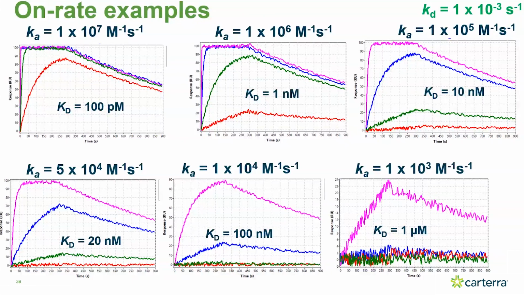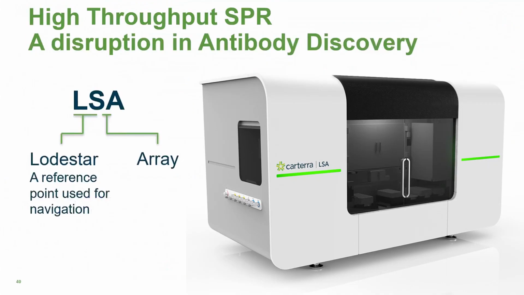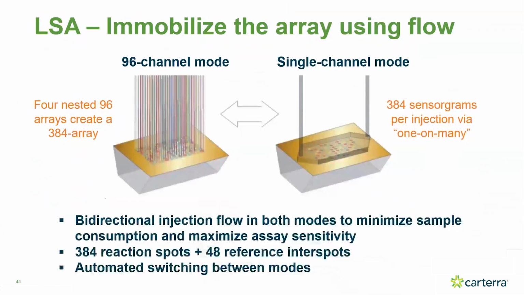Okay, so now we're going to move into a description of the LSA platform. We call it the Lodestar array, and it's this benchtop high throughput SPR array system. What makes the LSA so ideally suited and such a step up in throughput for SPR is that it has these 2 relatively independent fluidic systems that address the same sensor chip.